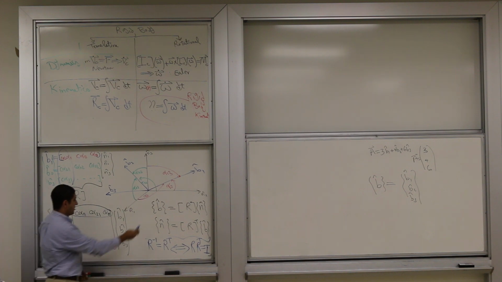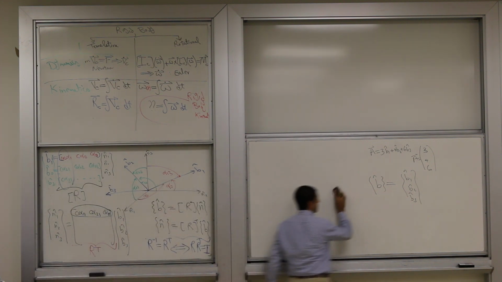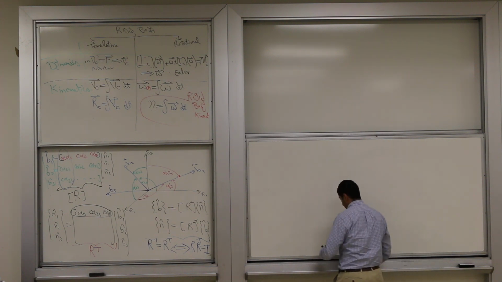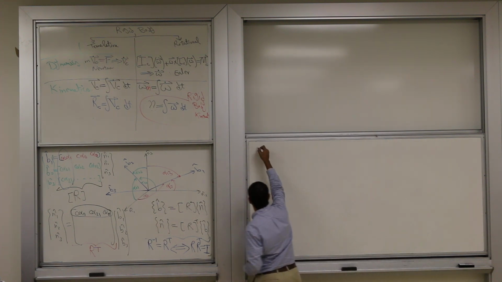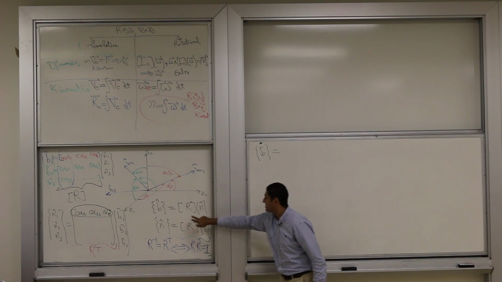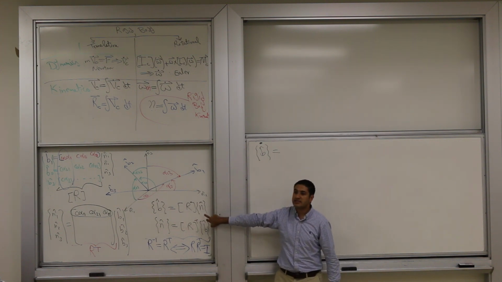So let's do it from here. Let's differentiate this equation. So B dot equals, can you differentiate this equation please? It's something times the n frame.